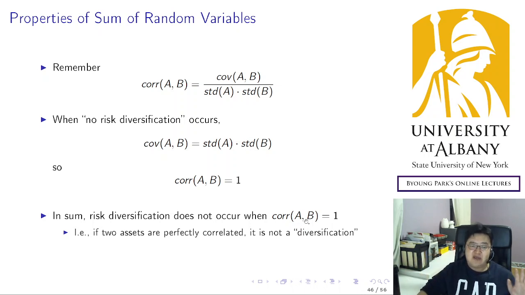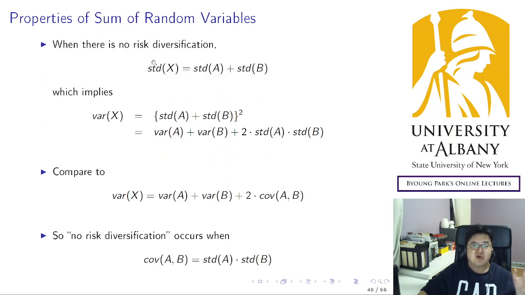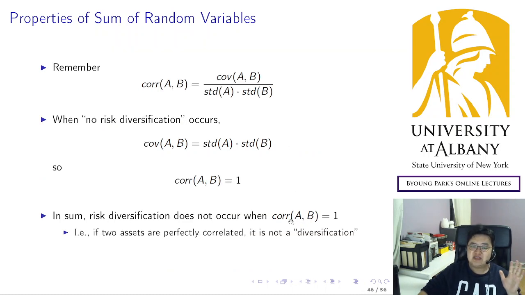On the other hand, this is a really powerful result because whenever the correlation is not 1, your standard deviation will be smaller than the sum of the two standard deviations. There must be some risk diversification whenever correlation is not 1, right?